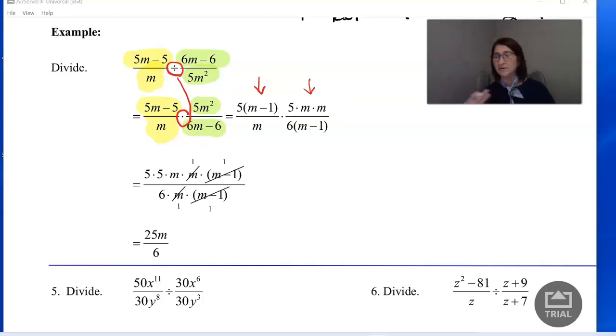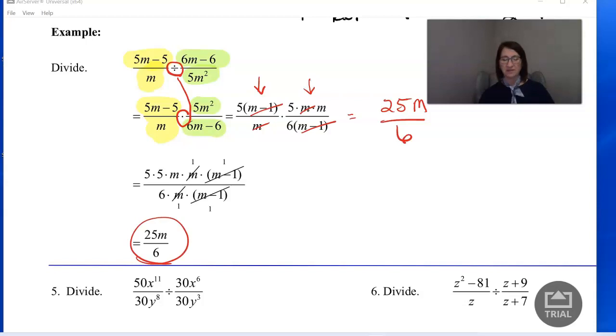For that denominator, we go ahead and we factor out that greatest common factor of 6. So then it becomes very easy to reduce, okay? The m minus 1s reduce, the m's reduce, and that's about all. So then we are left with 25m over 6.